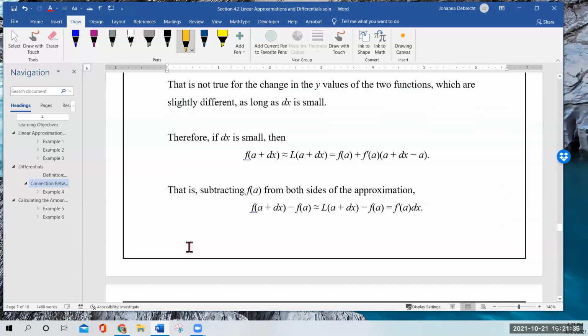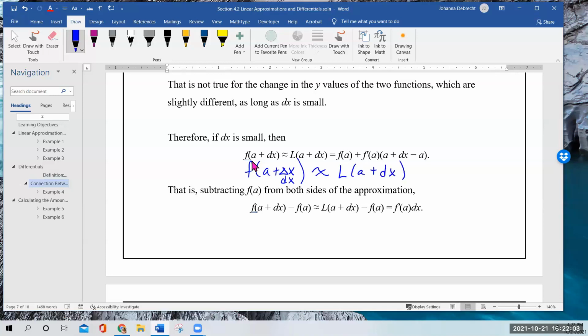Then we can use this approximation to approximate the value on the actual function, f of a plus delta x. If we're looking on the true function, which is a, and again, this could be written with delta x or dx since they're identical, we can approximate it with the value that's on the tangent line, a plus dx.